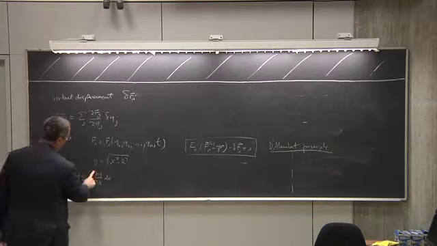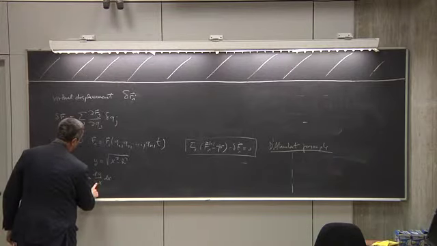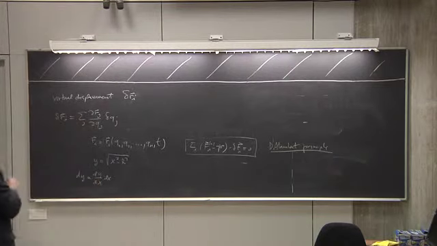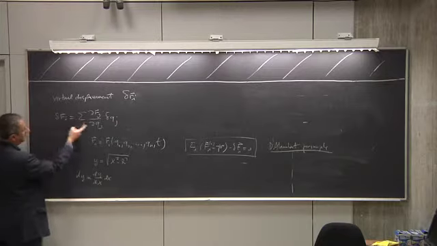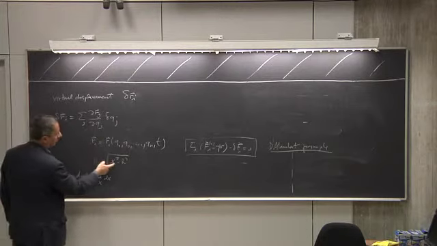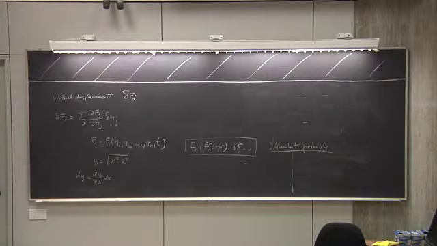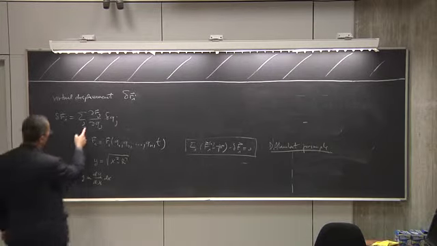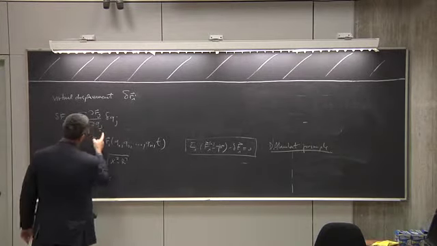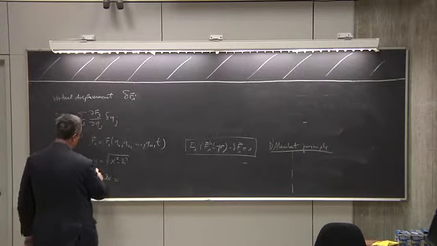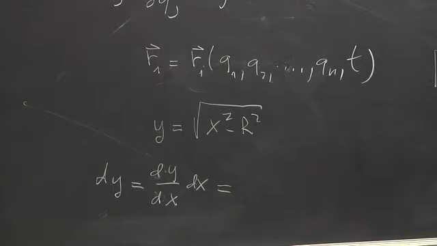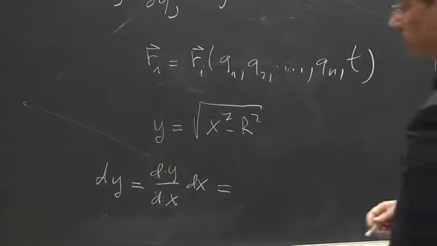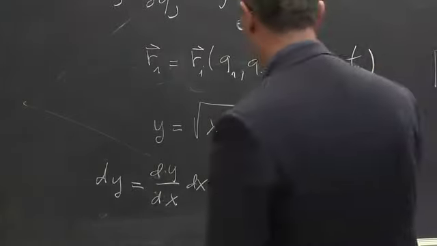Actually, here it only depends on x, so you may as well take the total derivative. This you know. And this is just a generalization when you have more than one variable, so you take the partial derivative in the various directions. So how much is the derivative of the square root with respect to x?